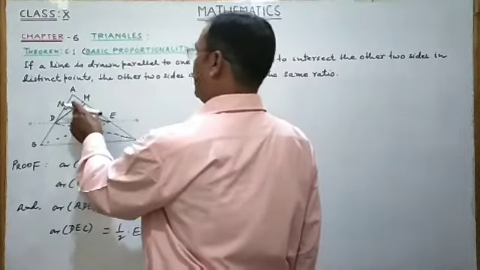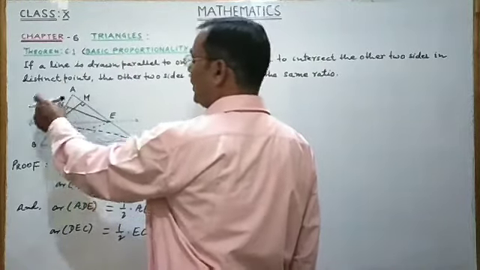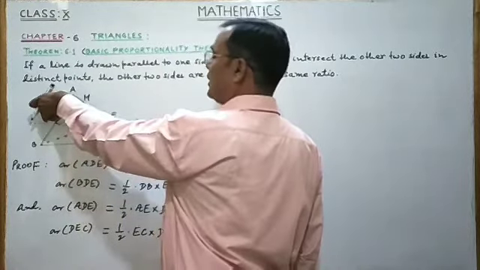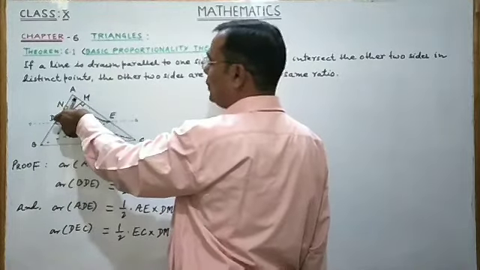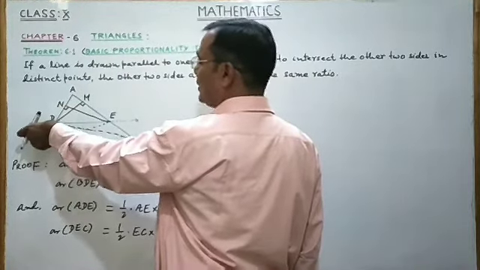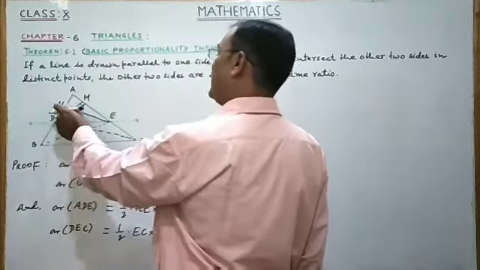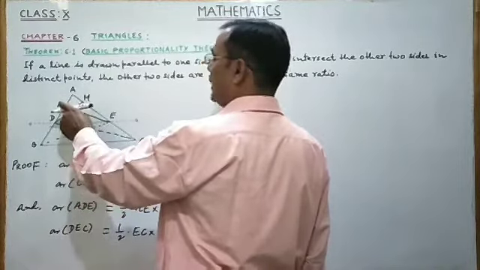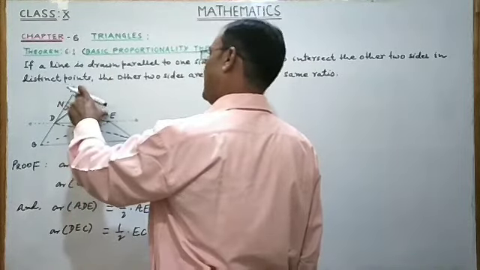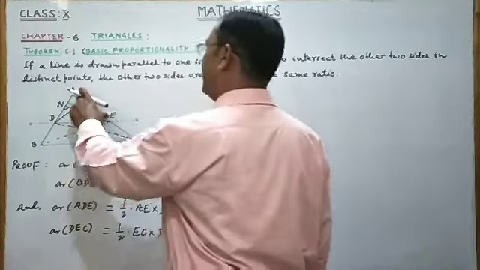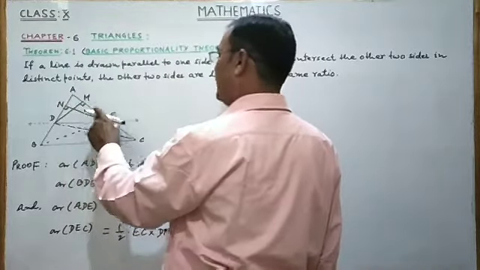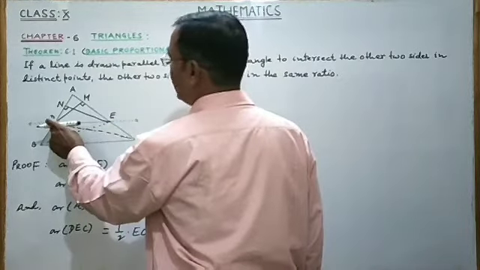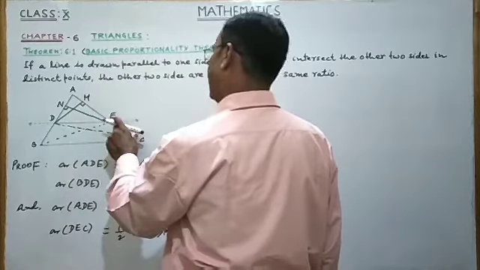This EN is perpendicular on side AB, so EN is altitude on side AD and also on side BD. Similarly, DM is drawn perpendicular to AC, so DM is altitude on side AE and also on side EC, drawn from the vertex D.